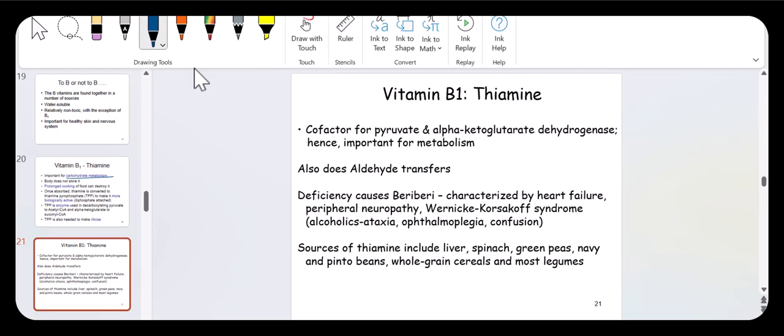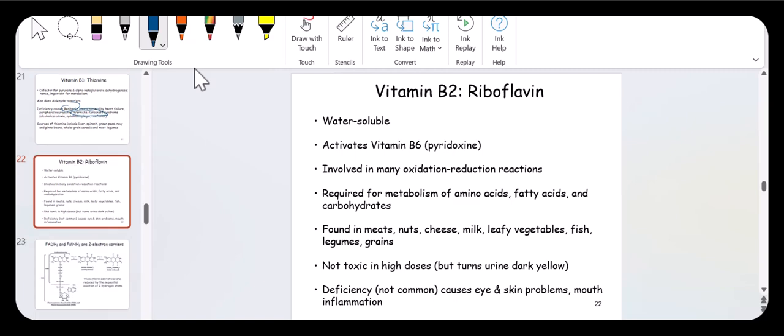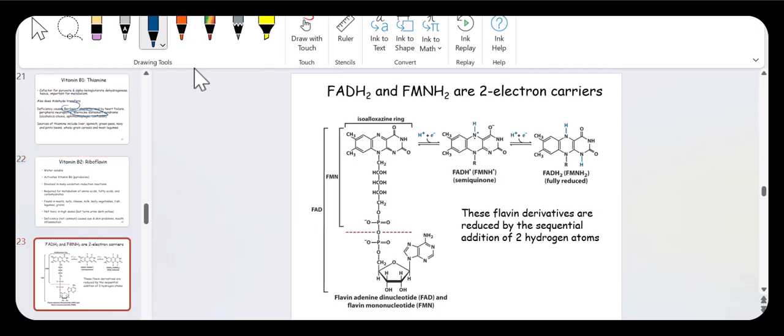Our deficiencies, beriberi, Wernicke-Korsakoff. So I would fill that in. B2, riboflavin. And I know I'm saying it kind of goofy, but I'm doing it on purpose. When I say goofy stuff, it's on purpose. That F gets important. And we're going to have molecules called electron carriers, and they're going to carry electrons.